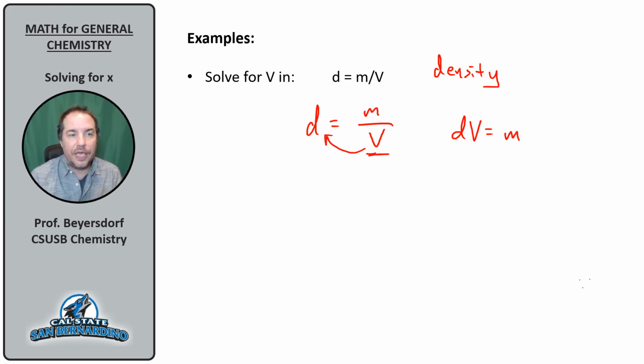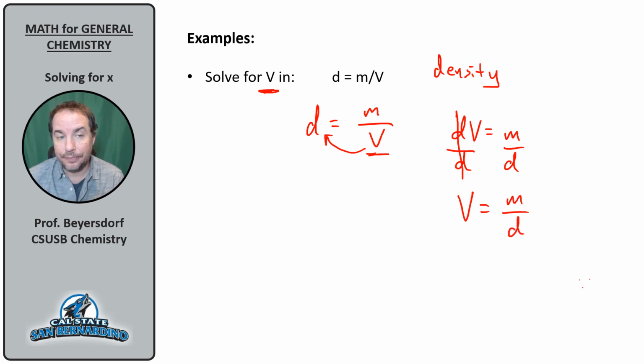So I want to get the v, so I have dv equals m. I'm taking what I care for, the v, and it's multiplied by d. So what do I do to get rid of it? I divide by d. That means that the d's will cancel out, and I'll get volume, or v, equals mass, m over d.